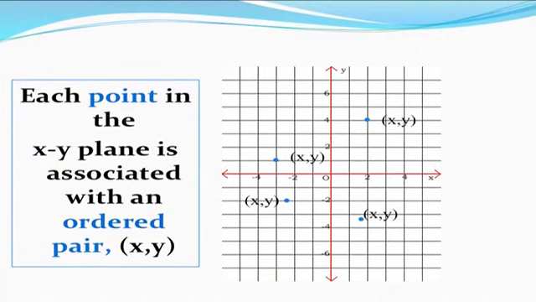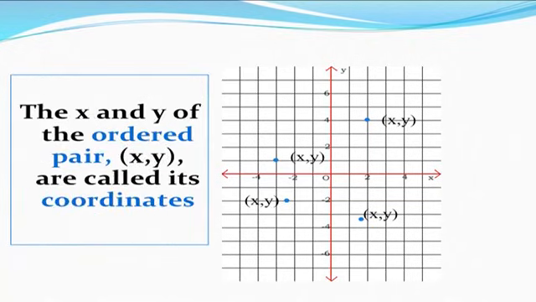Each point in the xy plane is associated with an ordered pair (x, y), as here we can see the different points in four quadrants. They are represented by the ordered pair x, y. The x and y of the ordered pair are called its coordinates.